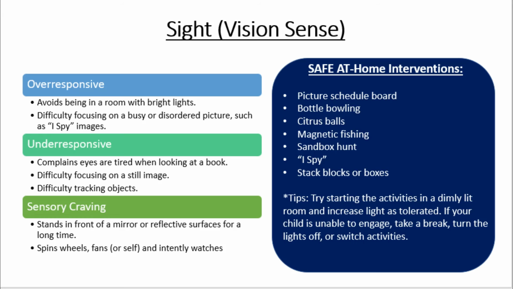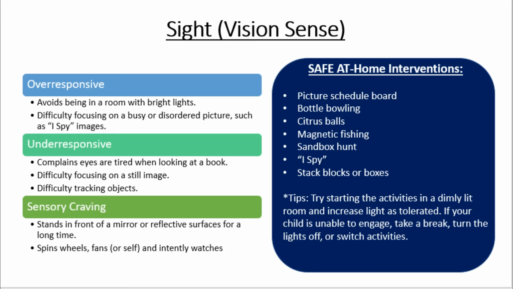Some safe at-home interventions would be to use a picture schedule board if the child's old enough, so that they can see what is part of their daily schedule and visualize it in a picture format, and give them some structure, and they can associate, okay, this picture of breakfast, that's when we have breakfast, or okay, I have soccer practice today, so there's a soccer ball on today's spot in the afternoon.